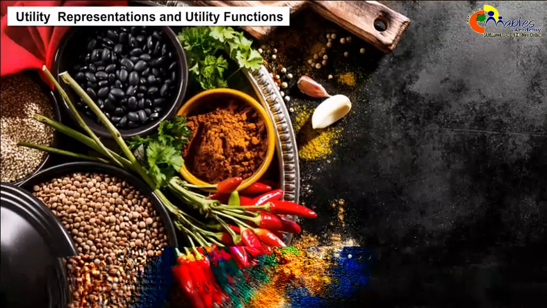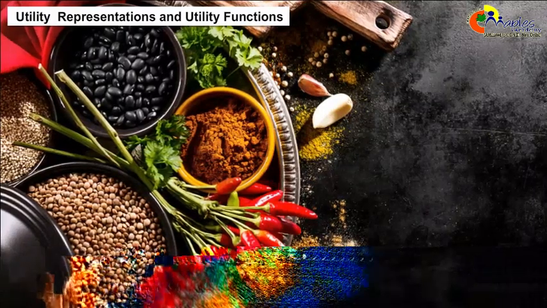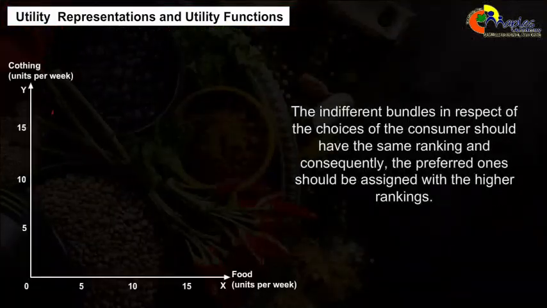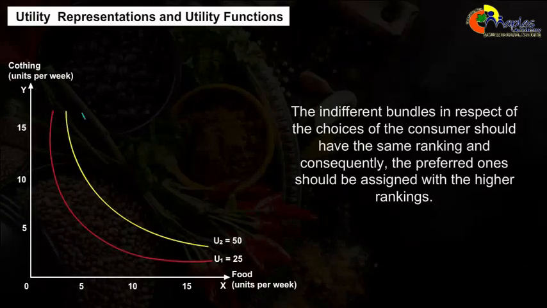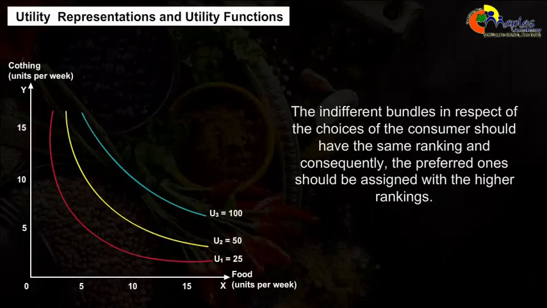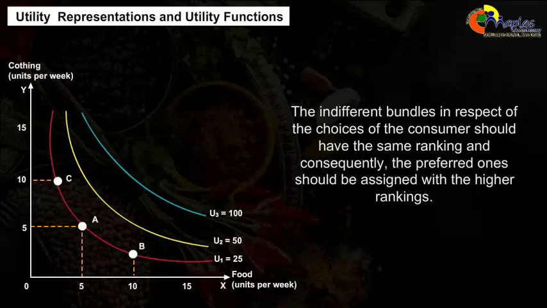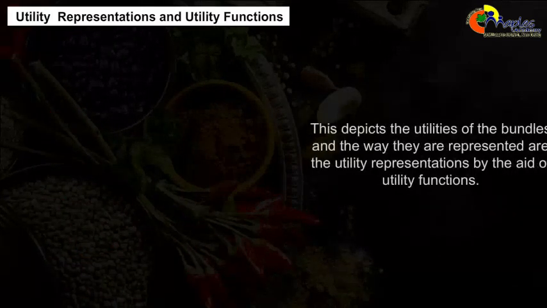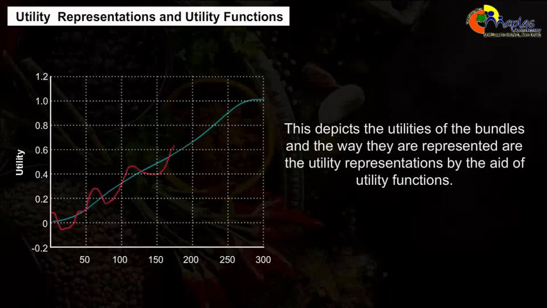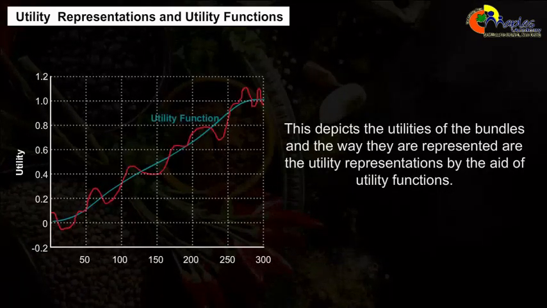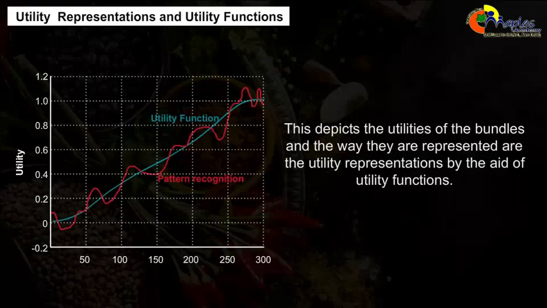Utility representations and utility functions. The indifferent bundles, with respect to the choices of the consumer, should have the same ranking, and consequently the preferred ones should be assigned higher rankings. This depicts the utilities of the bundles, and the way they are represented is the utility representation, by the aid of utility functions.